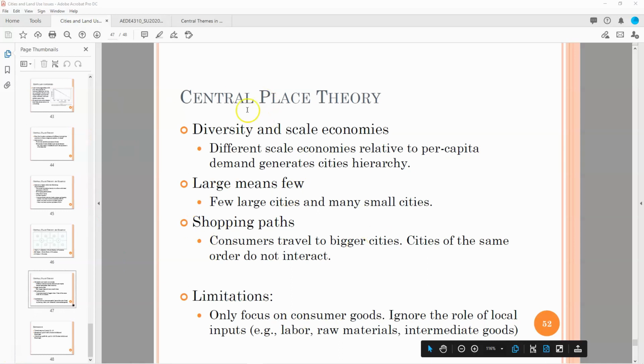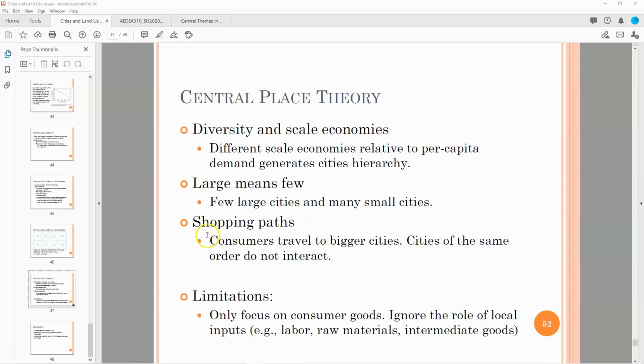And here are some implications of central place theory. First, density and scale economies: different scale economies relative to per capita demand. And large also means few, because when there are few large cities, that means there may be more small cities.